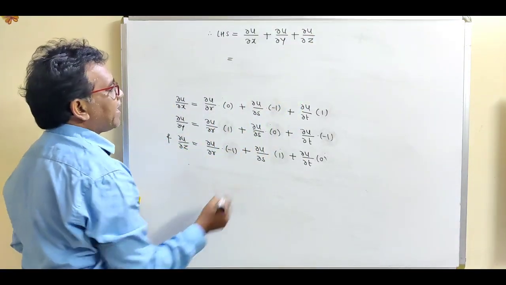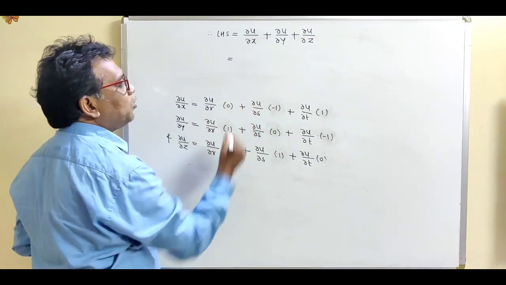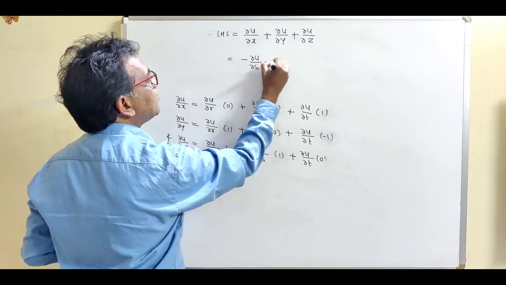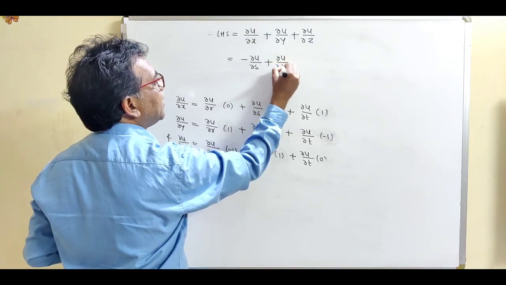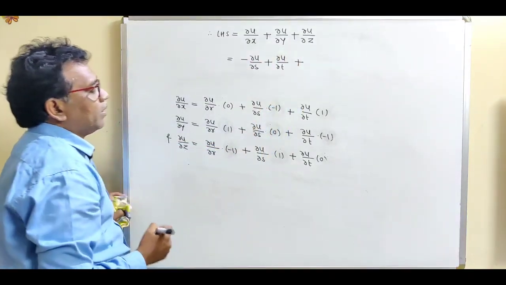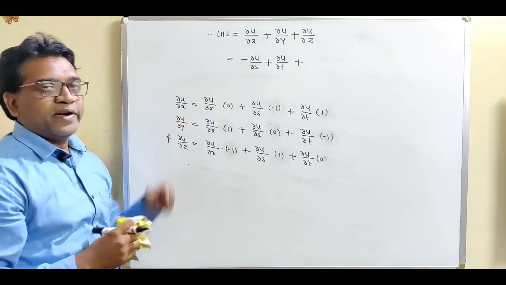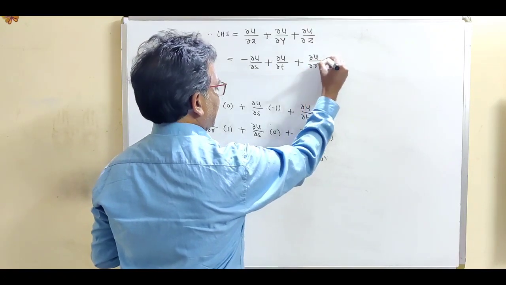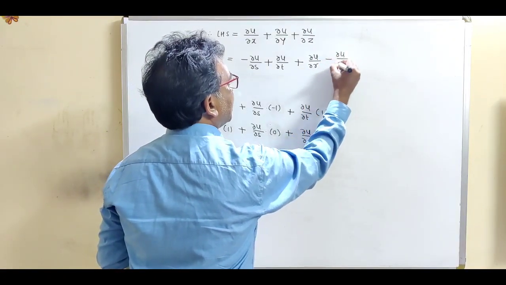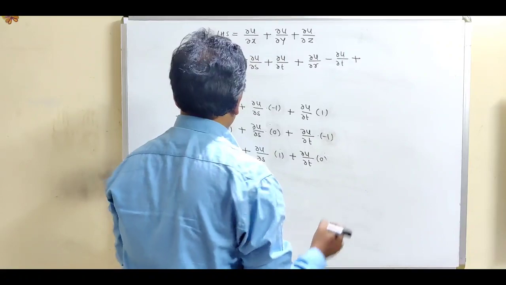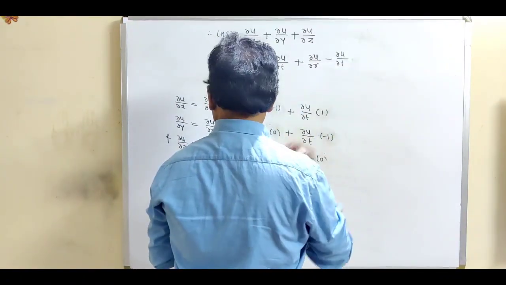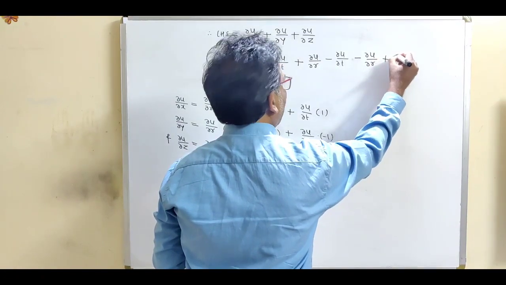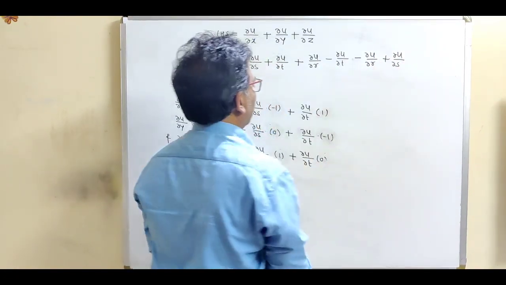Now let us put these 3 values. For ∂u/∂x, this is minus ∂u/∂s plus ∂u/∂t, plus the second partial derivative ∂u/∂y, this is ∂u/∂r minus ∂u/∂t. Similarly, we can put the third value, this is minus ∂u/∂r plus ∂u/∂s.